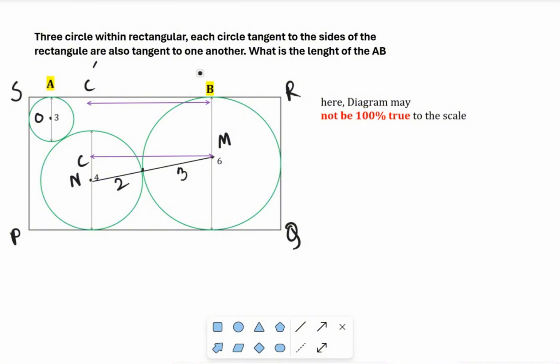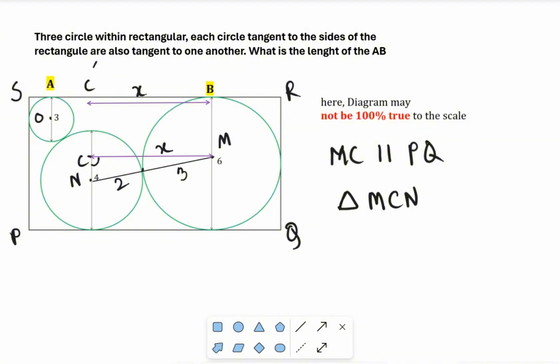And of course this MC is parallel to PQ. Indeed, C is a right angle, and the triangle MCN is a right angle triangle, where MN is 5 and MC, let's say, is X. Now what we have to determine is CN or NC.